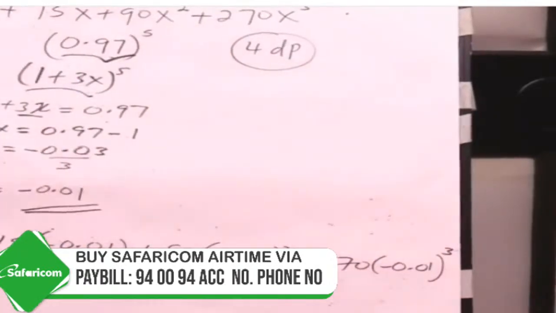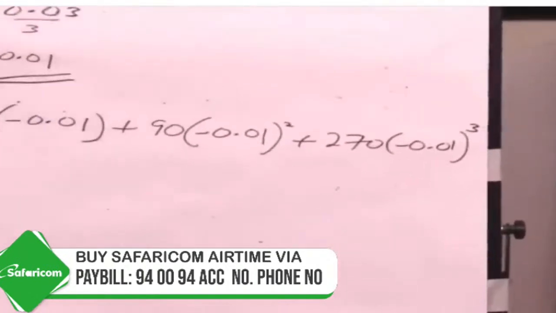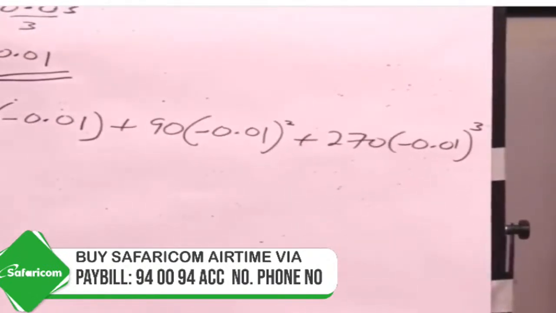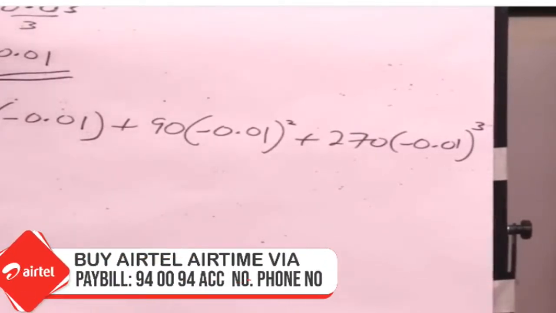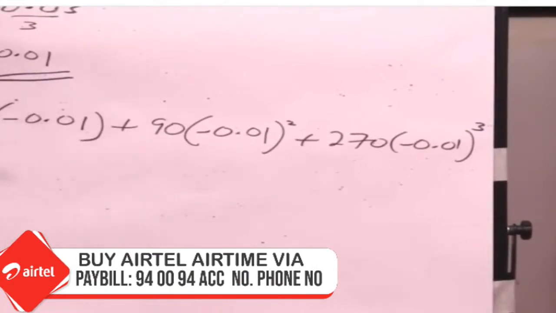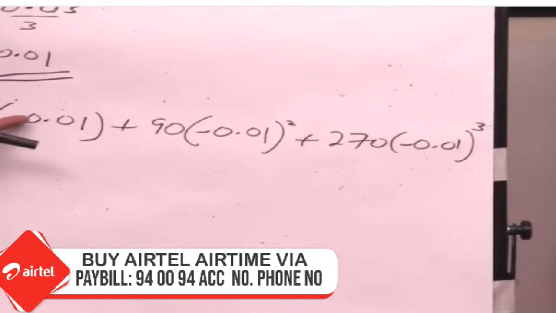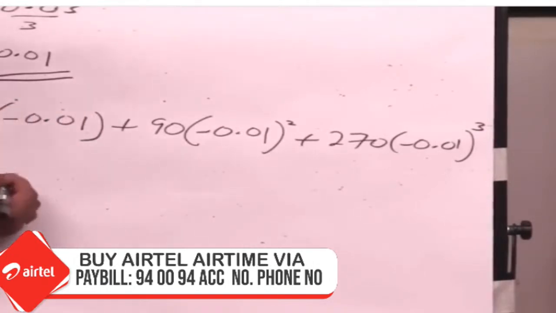So when you expand this, it becomes 1 plus, when you expand this, becomes 1. Then we have 1 plus 15 times minus, but it is 15 times minus 0.01. So only to 2 decimal places is 0.15.